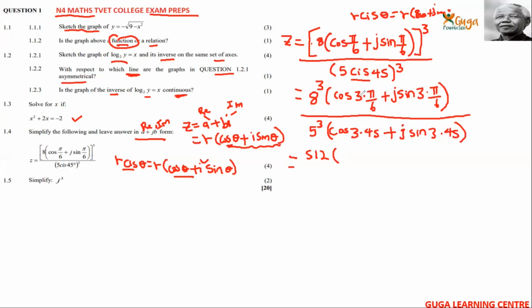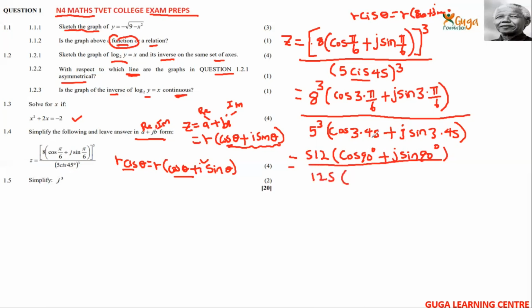In degrees, it will be 3 multiplied by 180 divided by 6, and that should give you cos of 90 degrees plus j into sine of 90 degrees, over 5 to the power 3, that's 125.